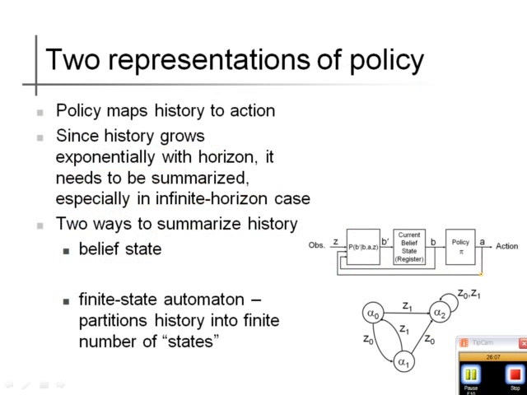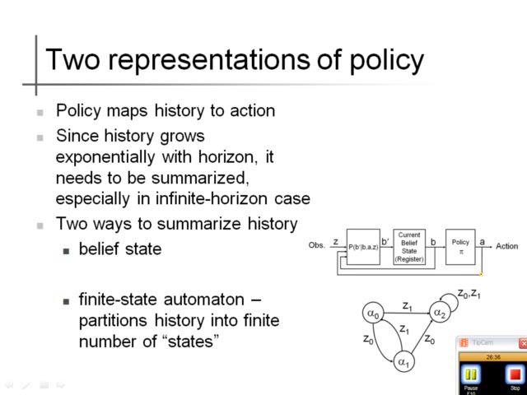Okay. So policies have to be represented in some compact way, partly because your policy is mapping history to action. The history can grow unboundedly as the horizon increases. So there are two ways to summarize history. One is belief state, where you just keep the current distribution over your states, given all the information.